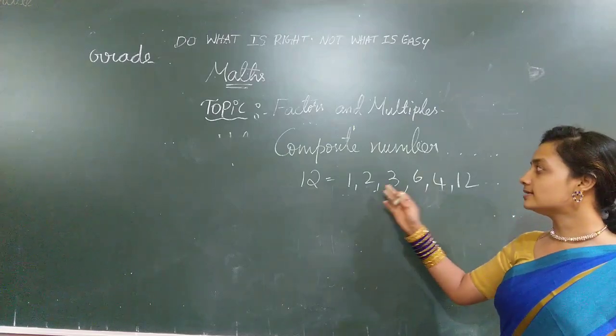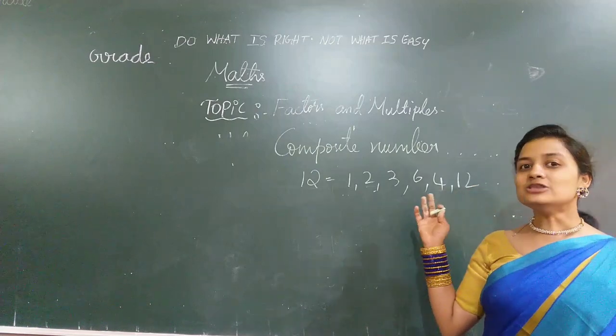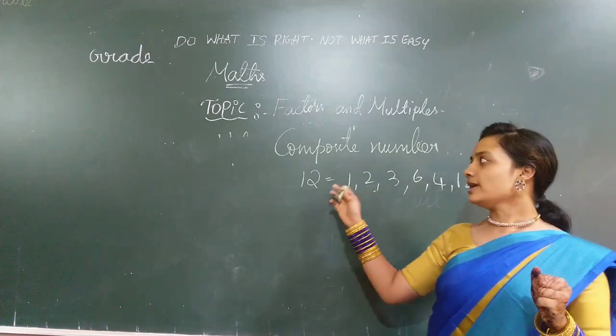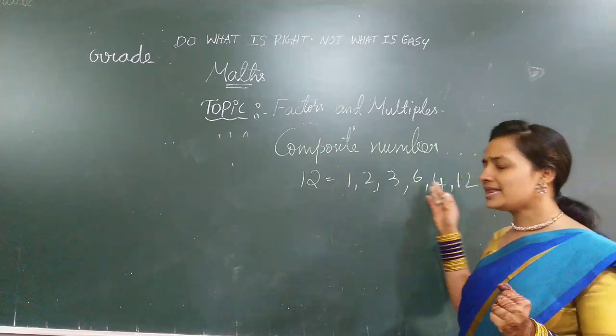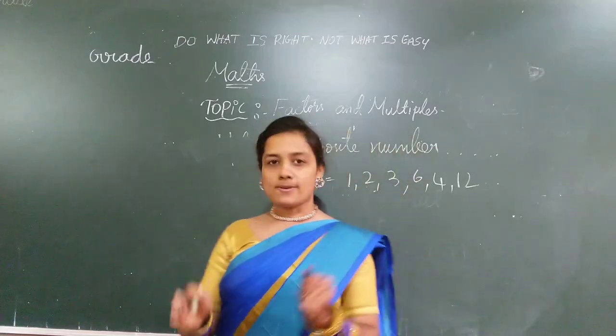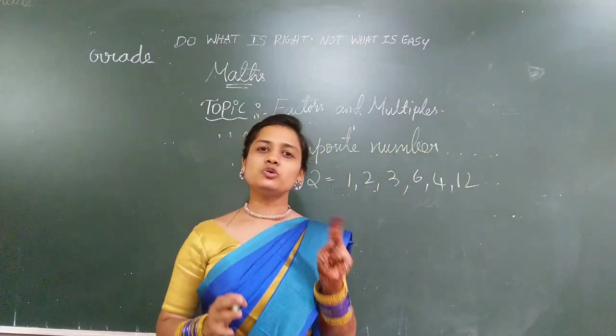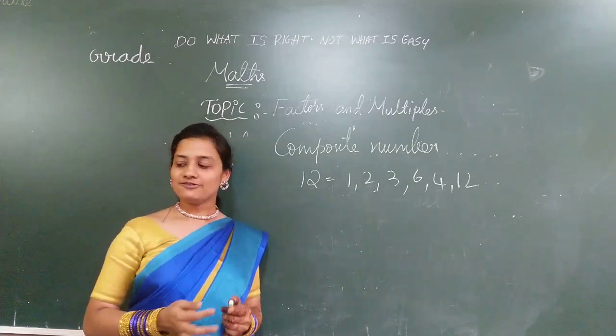You have father, mother, children, sister, cousins, grandpa, grandma. You can take a joint family. So composite numbers are like a joint family. They have many factors. Prime numbers are like only mama, papa. Small family. Only 2 factors. So this is about composite and prime numbers.